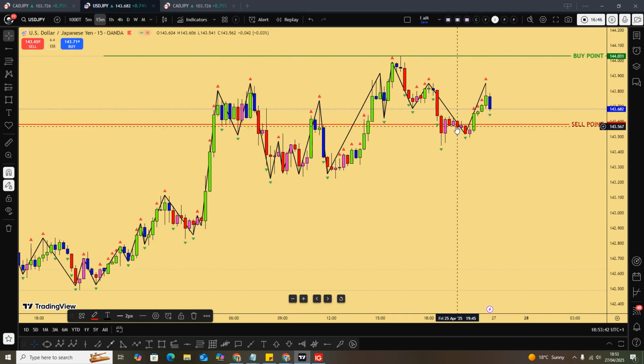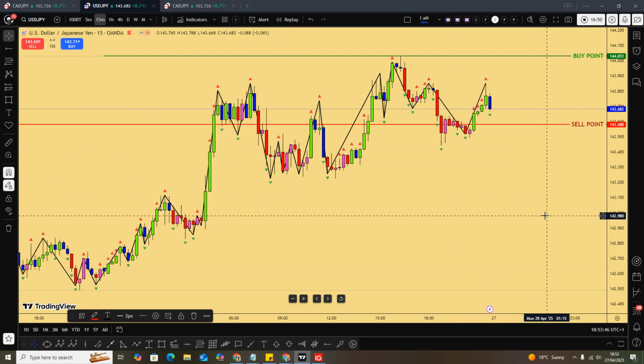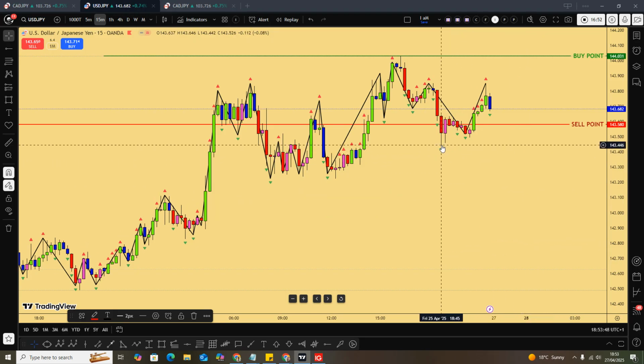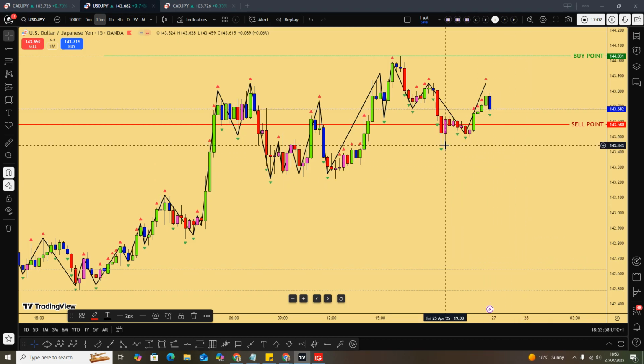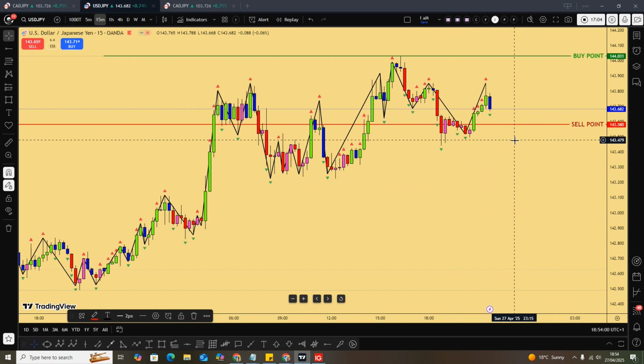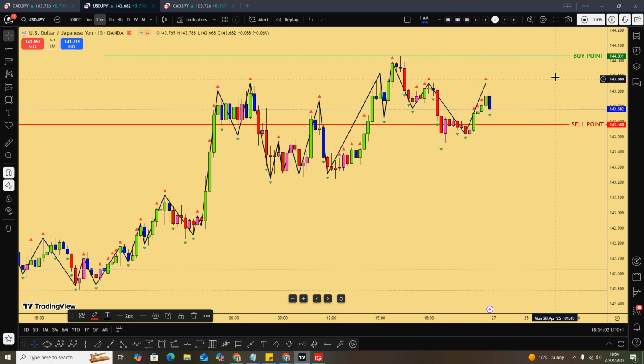The idea is if they make a momentum low, if they come and break here during the Tokyo session or anytime on Monday, if they break this low here, 143.44, price is likely to give us a correction again.